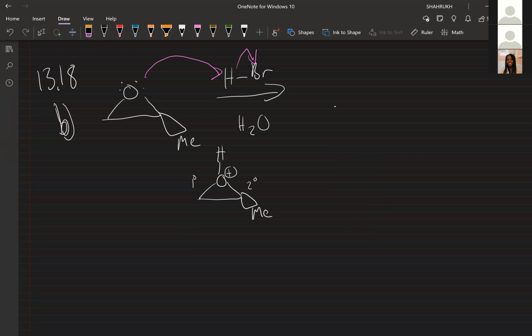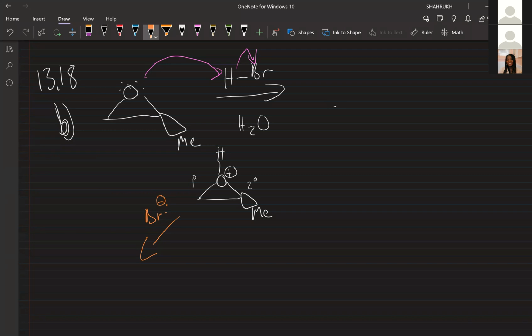So as people said, it's going to be left, right? And this has to do with steric effects. In this case, it's more sterically accessible to attack the primary position compared to the secondary. A good way to think about it is, they both have partial positive character, but it's a lot easier for the nucleophile to access the place that has fewer R groups as opposed to the place that has more R groups.